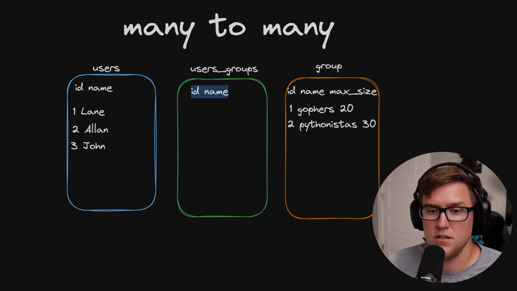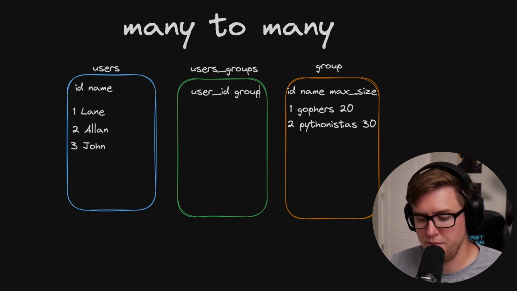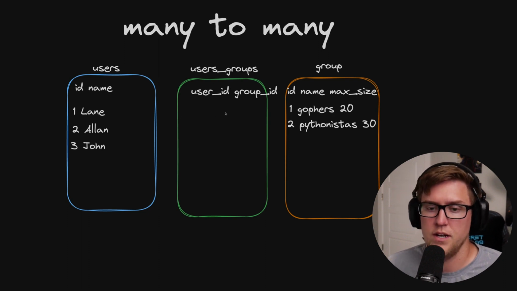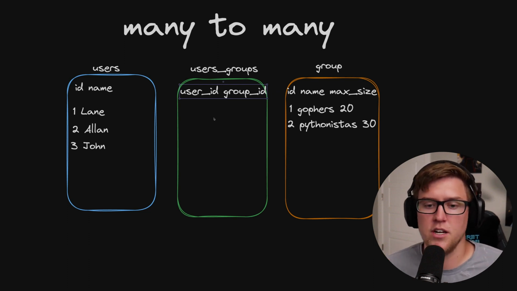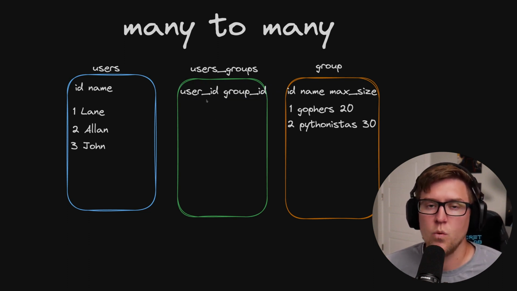There is a user ID and there is a group ID. Right? So just two foreign keys make up this table. And typically you'd put a constraint on this table and say, we are not going to allow two rows in this table to be identical. Let me show you what I mean.